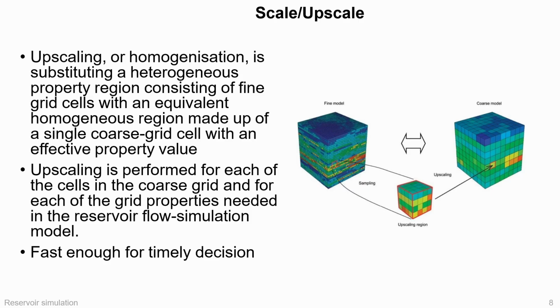Why is this necessary? Because detailed geological models can contain enormous numbers of cells, and running full dynamic simulation on all of them may be too expensive. By upscaling, we make the problem manageable.